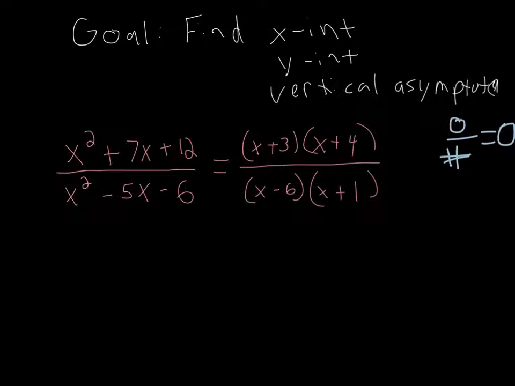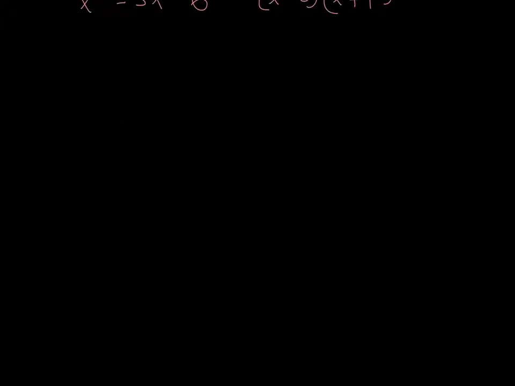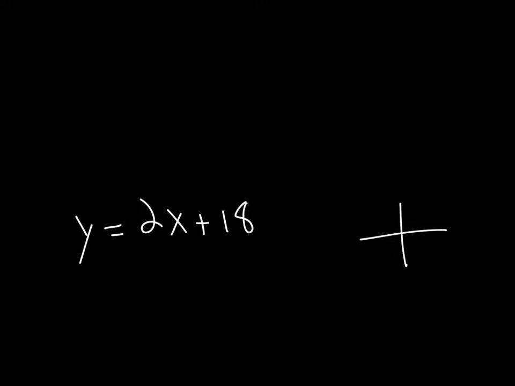And if we think back about our work with even linear equations, let's take an example real quick and say y equals 2x plus 18. Well, if I'm thinking about a graph here for a second, I know anything that's going to be on the x-axis has to have a y value of 0. So if I have a positive y, it'll be up here. A negative y will be down here. So when our y is 0, we have our x-intercept.